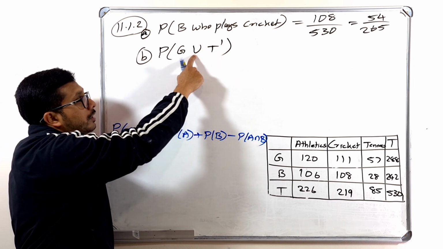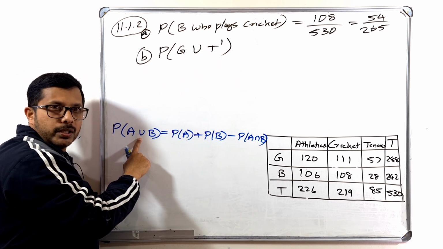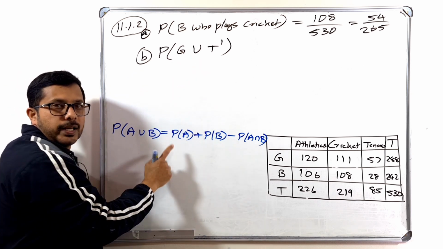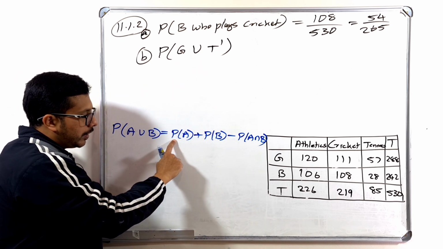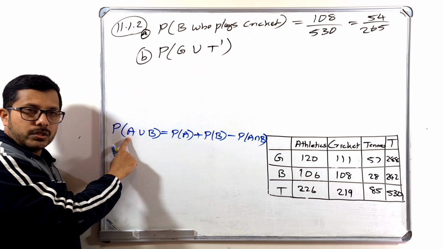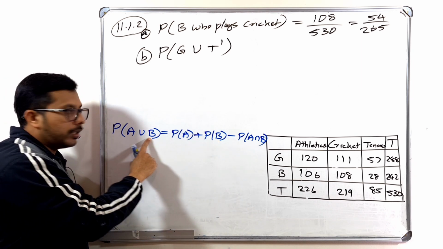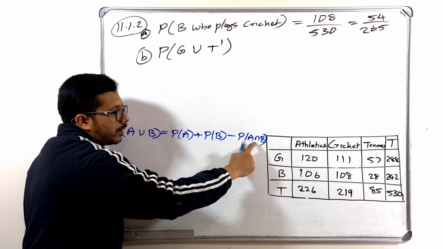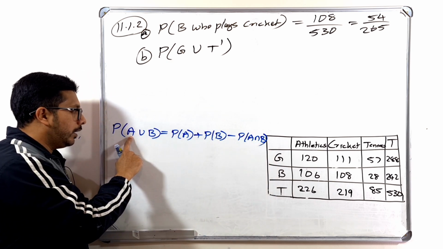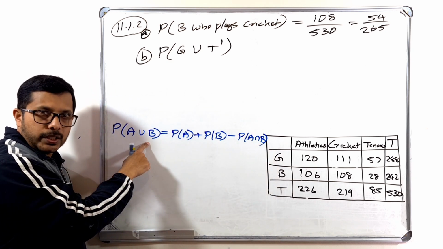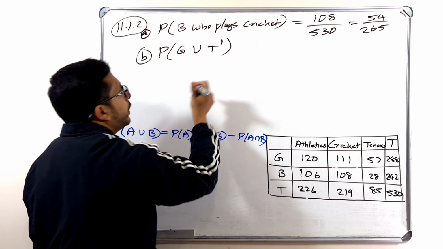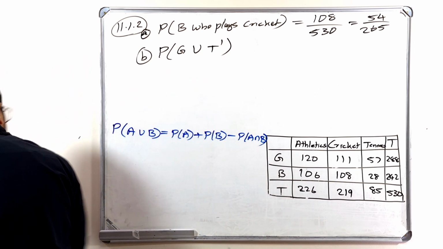Here this is union, this is also union, so we can expand it like this: probability of A, plus probability of B, minus A intersection B.